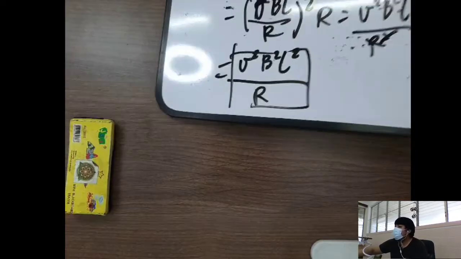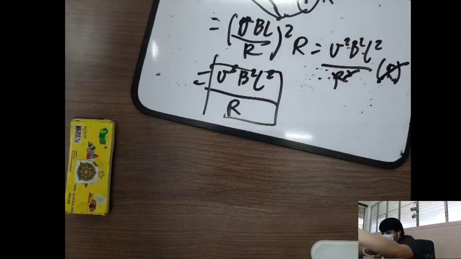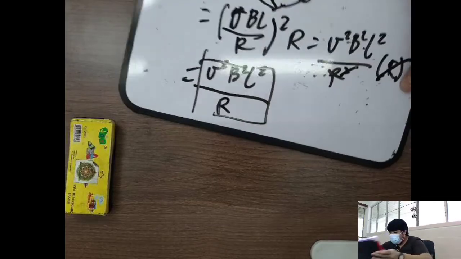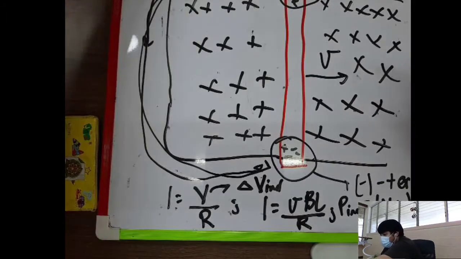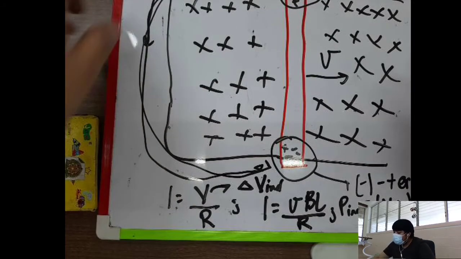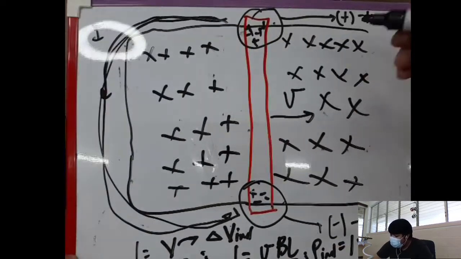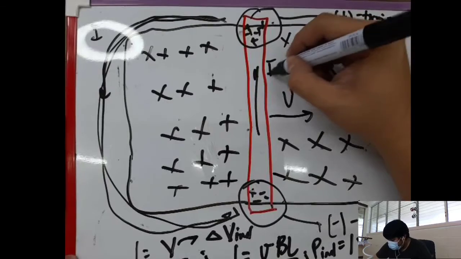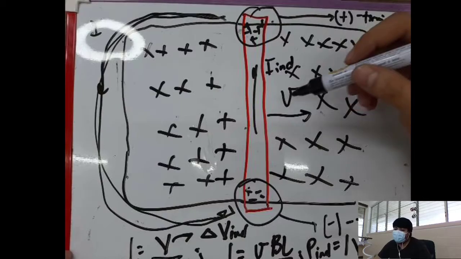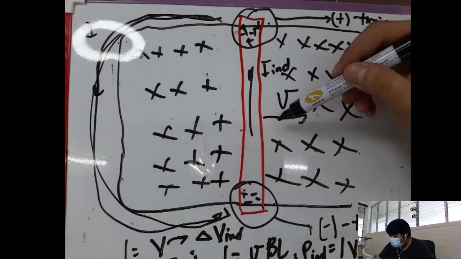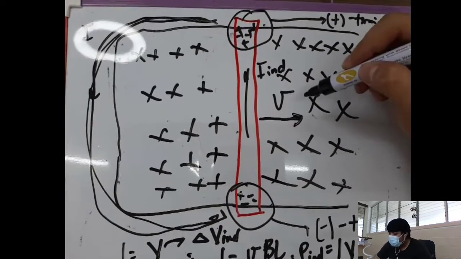Now, since we're moving, let's go back here on our diagram. Since this conductor moves at a certain velocity with an induced current flowing through it, that means there must be some external force that makes you move the conducting rail in this direction at a certain velocity.